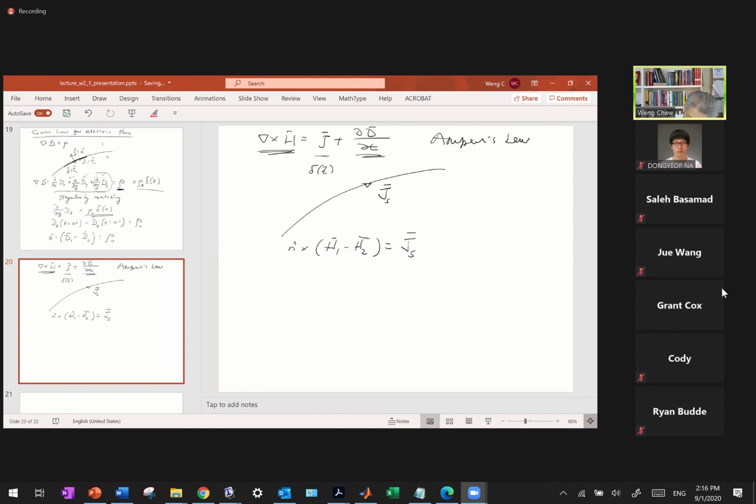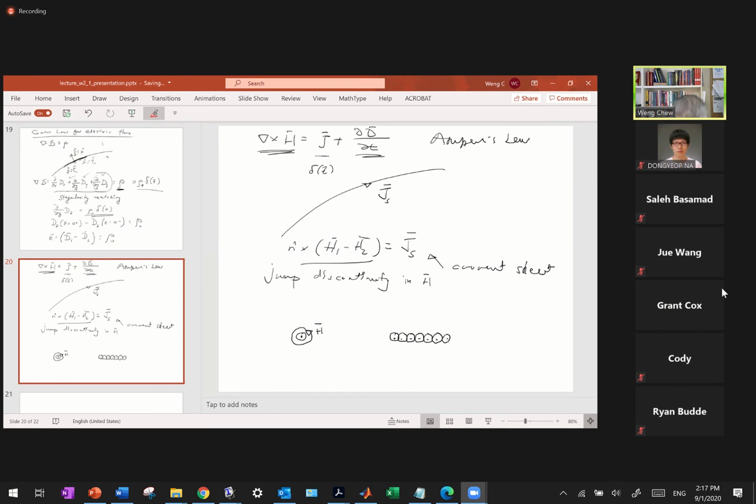Then you can kind of intuitively understand it, because you have a current sheet. It produces a jump discontinuity in the magnetic field. You can think intuitively that if I have a current line, a current filament, from Ampere's law, that current element produces an H like that. Now if I have a current sheet, you can think of it as a bunch of current filaments lined up together.